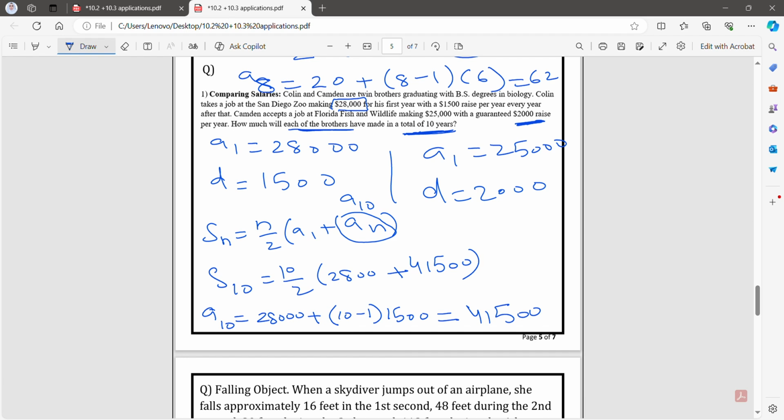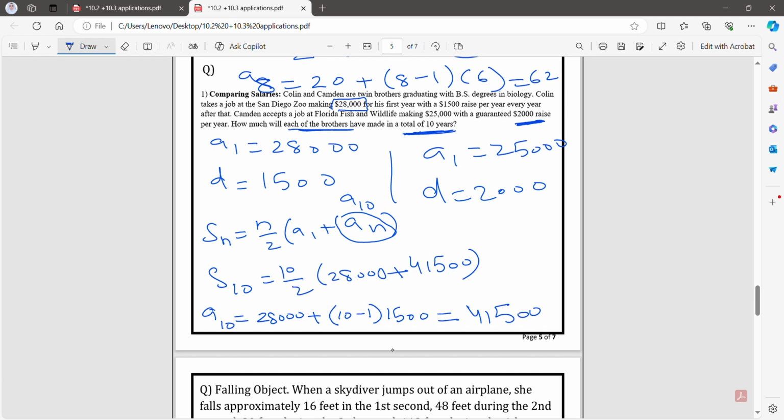So how can we give it? A10 upon 2, 28,000 plus 41500.